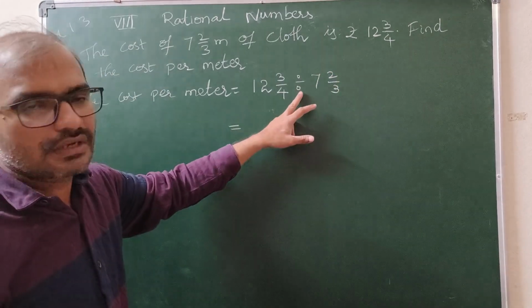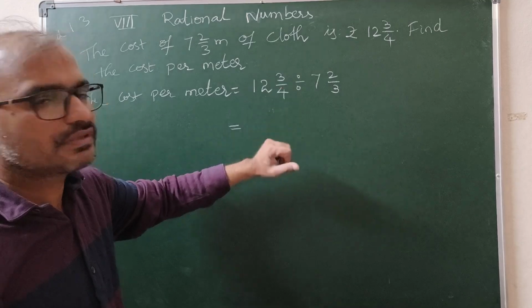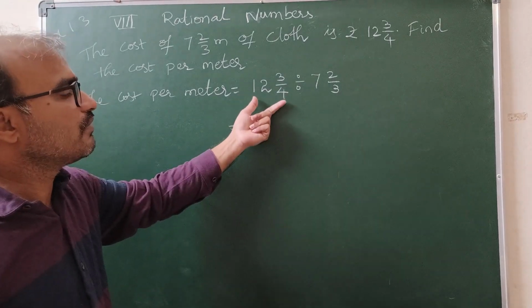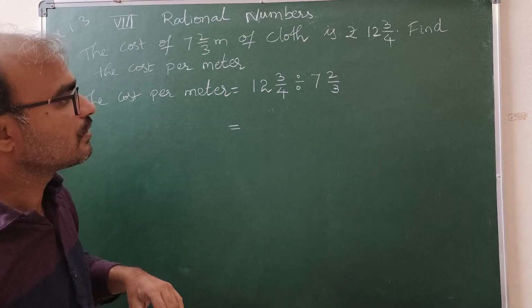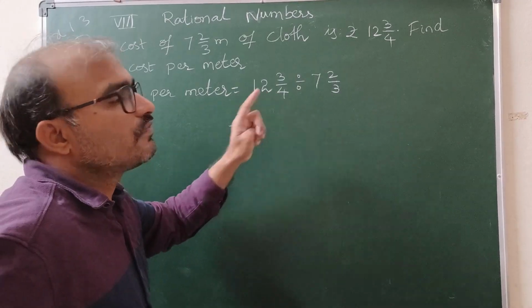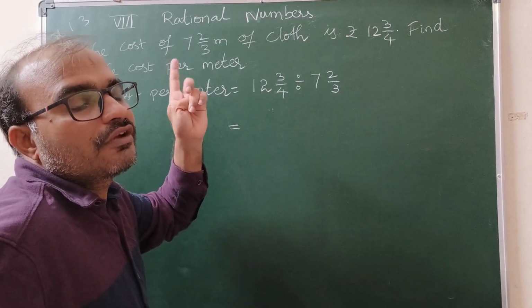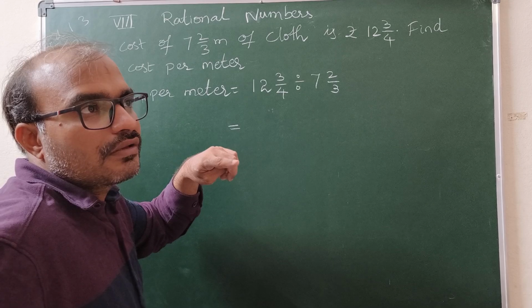Whenever there is multiplication or division, you have to convert the entire mixed number into an improper fraction, right? In 12, how many fourths will be there? 48 fourths will be there, right?